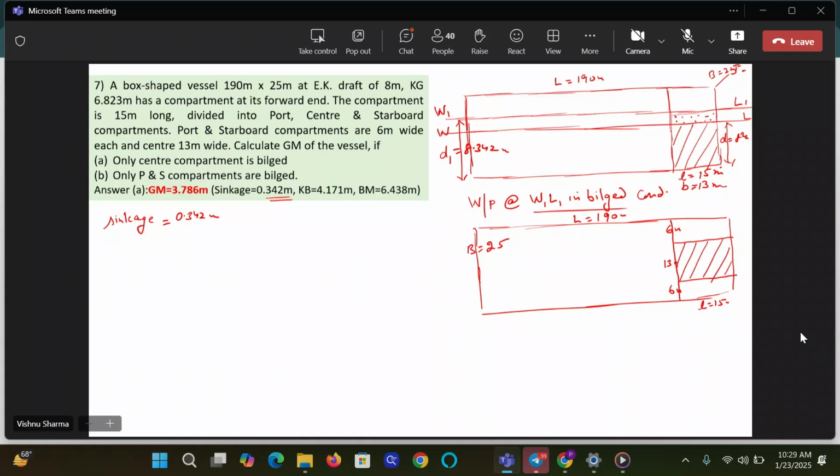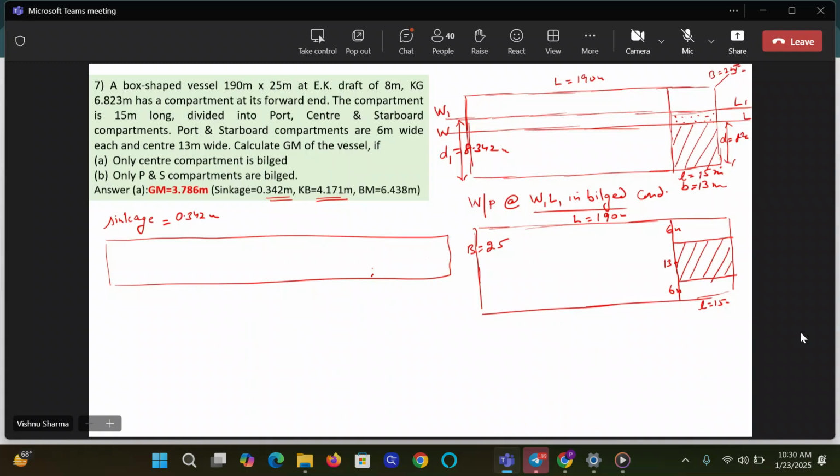Okay. Guys, look at the side profile and tell me, will KB be D1 by 2? Yes or no? Is KB going to be D1 by 2? Yes or no, class? Yes, sir. So then write that statement here, which I told you yesterday, and then calculate KB as D1 by 2 and confirm that you've got it as 4.171.